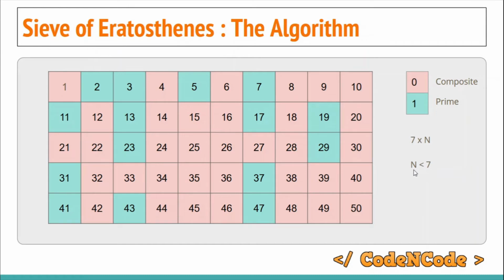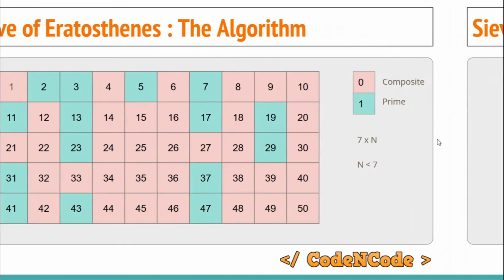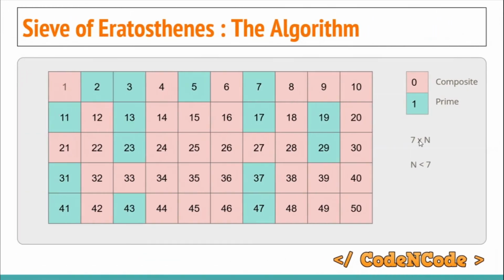If n is equal to 5, of course 5 is smaller than 7, and also 5 is a prime. So if n is 5, it would become 35, and it would already be marked out because of prime number 5. So we don't have to worry about that.